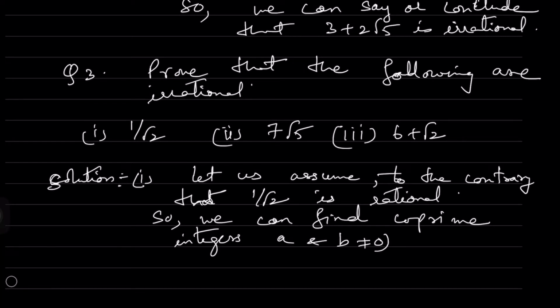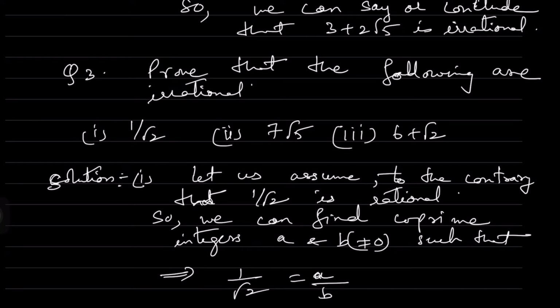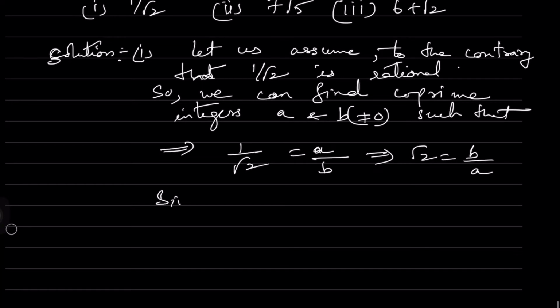So we can find coprime integers a and b, not equal to 0, such that 1 by root 2 is equal to a by b, which implies that root 2 is equal to b by a. We are cross multiplying.